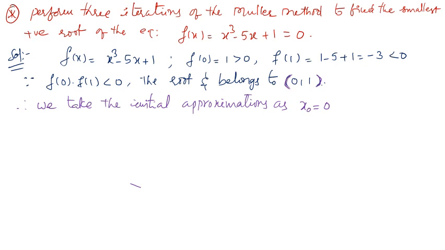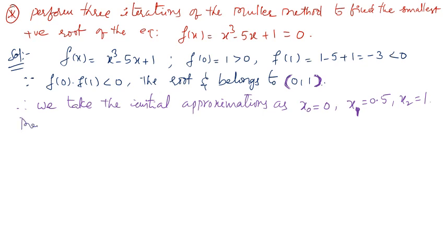Even though it is open 0 1, to make the problem very easy, I am considering 0 as one of the roots, and x1 as 0.5 and x2 as 1. These are the three roots. Your choice. You can take x0 0.1, x1 0.2, x2 0.3, like that you can take. But for easy calculation, I am considering x0 as 0, x1 as 0.5 and x2 as 1.